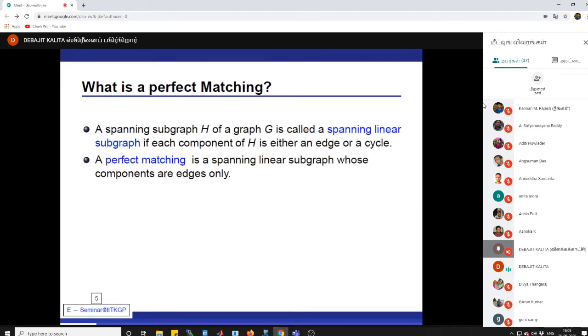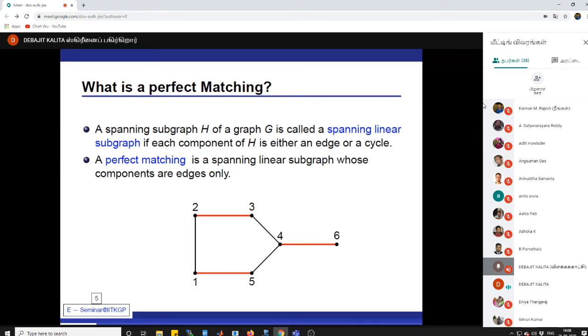Before we move, let us talk about some preliminary things. Now, what is a spanning linear subgraph? It is a spanning subgraph, all of whose components are either an edge or a cycle. And what is a perfect matching? A perfect matching is just a spanning linear subgraph, all of whose components are edges only.